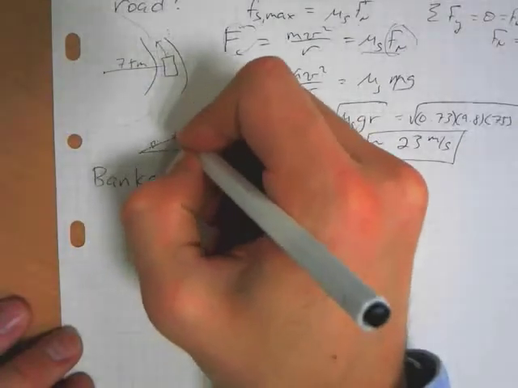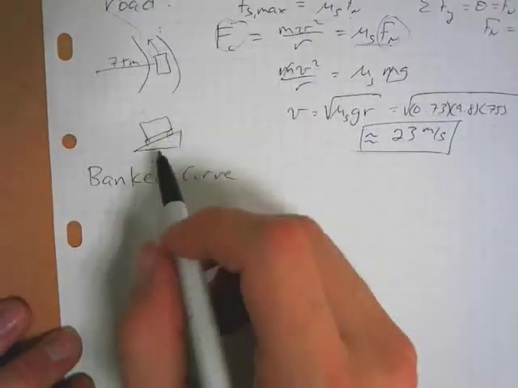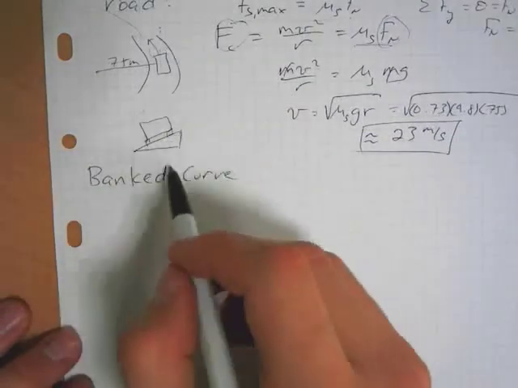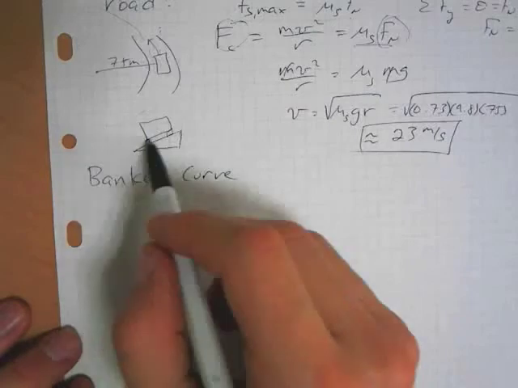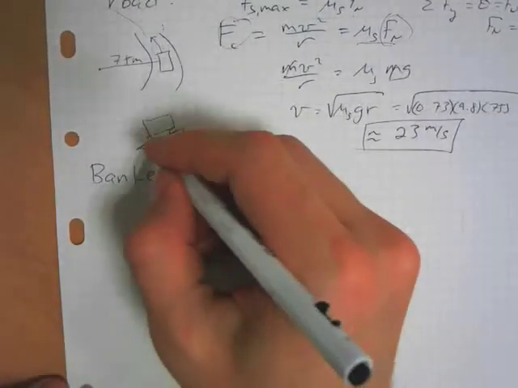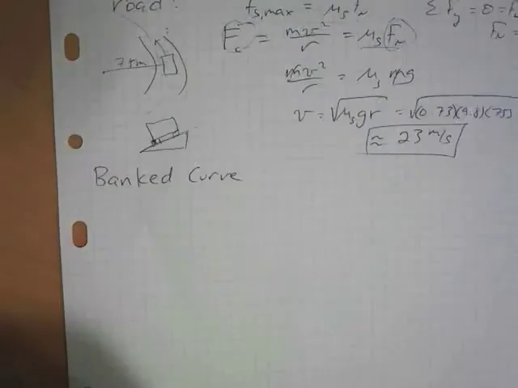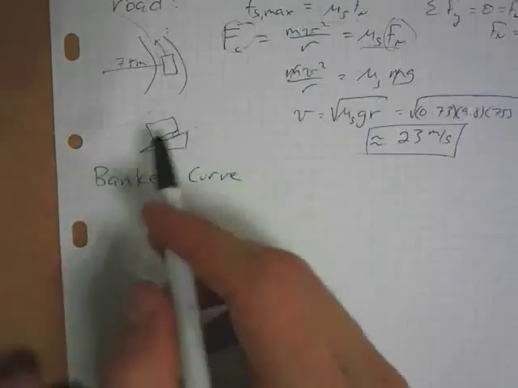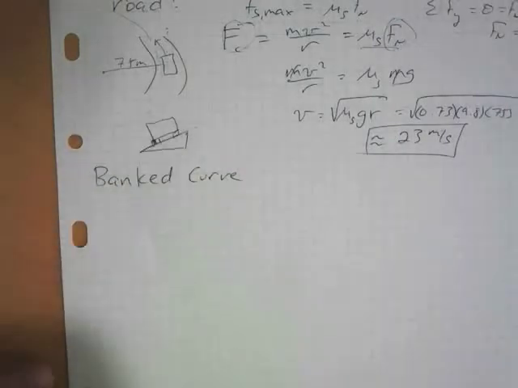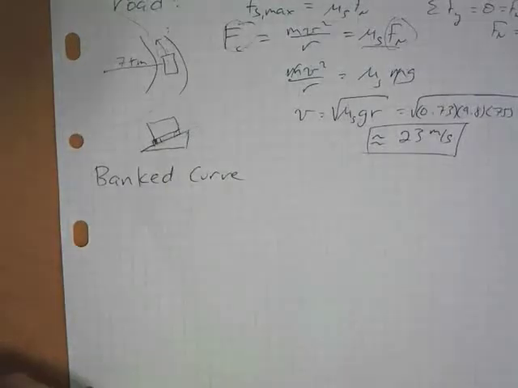It's a beautiful drawing, I know. So you're going around the curve, but the curve is angled. Because that curve is angled, gravity would give the car a tendency to slide toward the center of the circle, which enables you to go faster on the curve and still stay on the road.